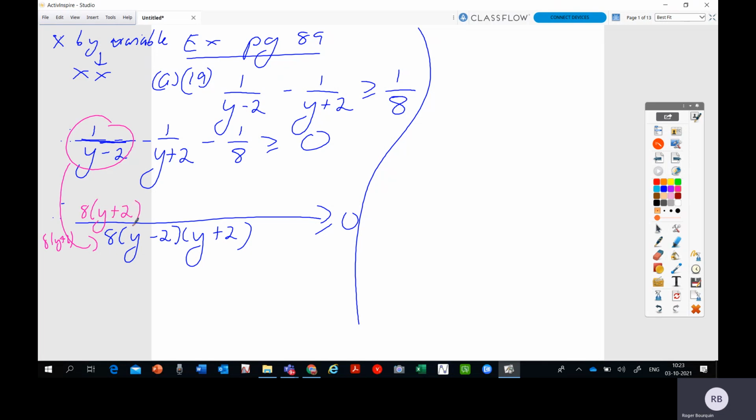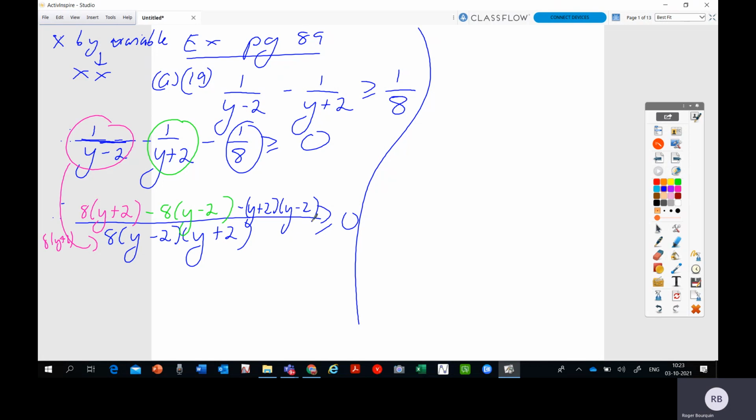Over here, you're timesing by 8 and y minus 2. And over here, you're timesing by y plus 2 and y minus 2, so it's minus (y plus 2)(y minus 2).